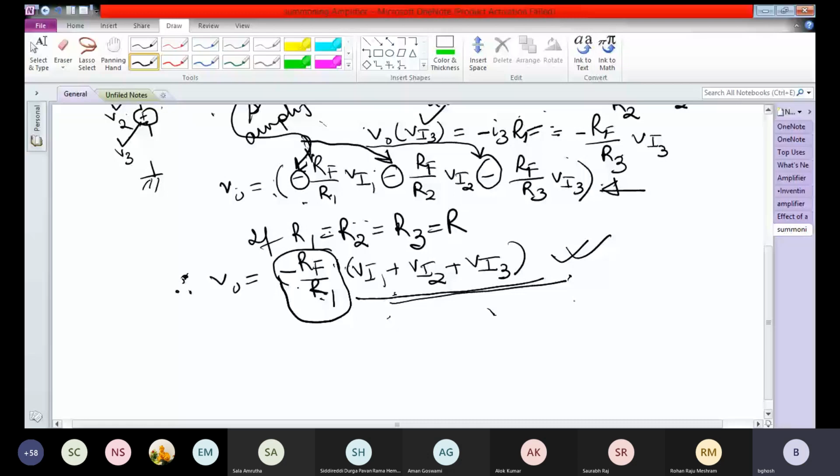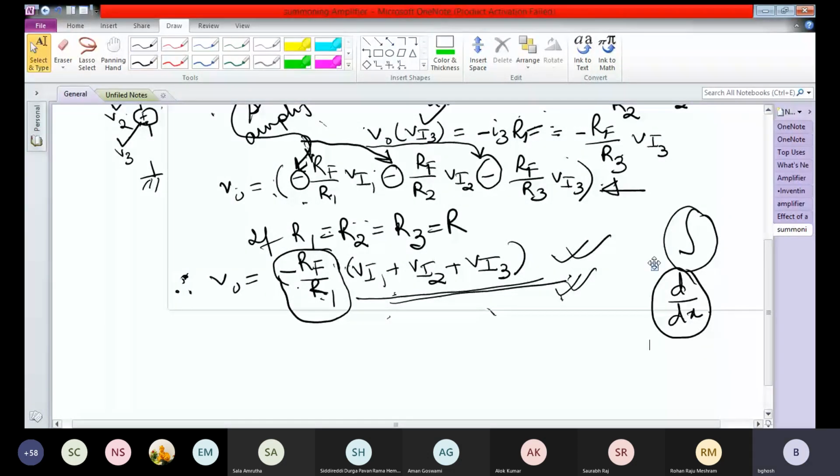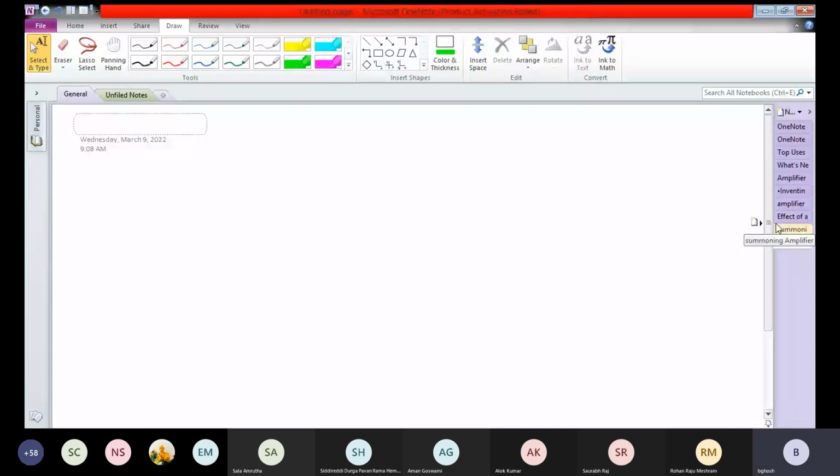In addition to adding voltages, operational amplifiers can also be used to integrate and differentiate. Both these operations can be performed by an operational amplifier. So now we slowly realize how more complex circuits can be built with the operational amplifier.